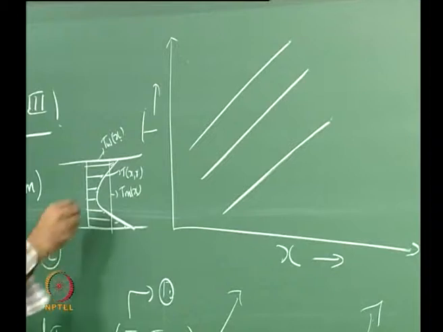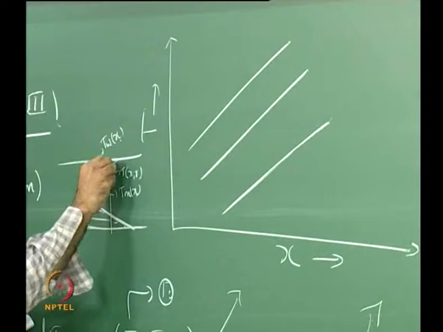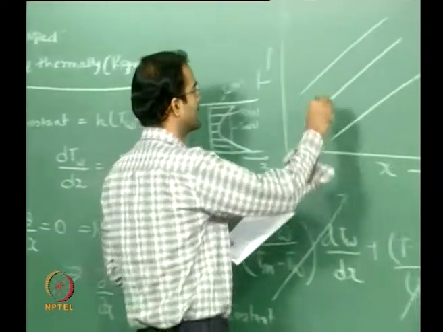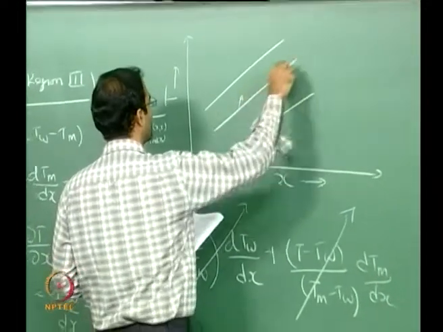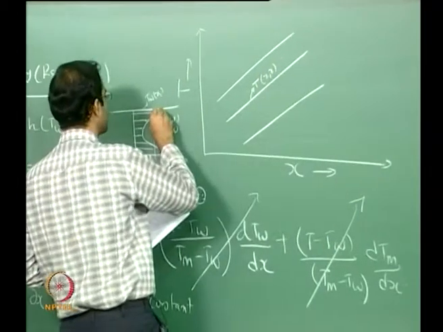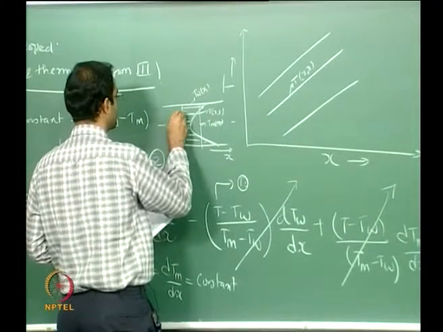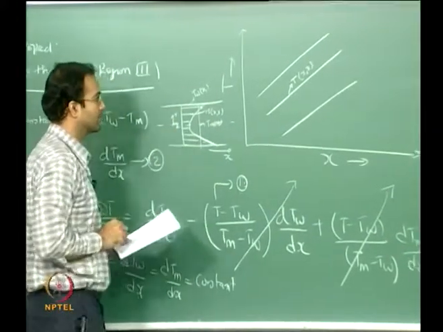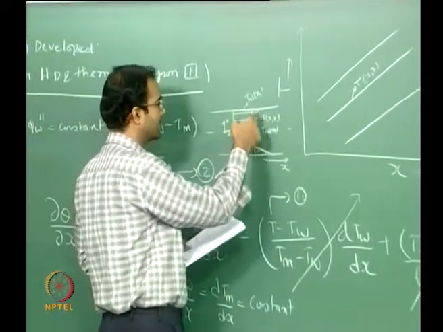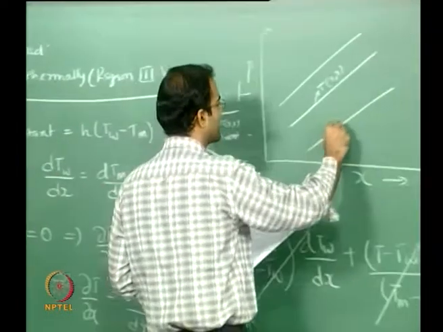If you plot the local temperature along the axial direction, it follows a linear profile like this, maybe at some radial location. This is the center, and the mean profile will be slightly lower than the temperature at this particular radial location.